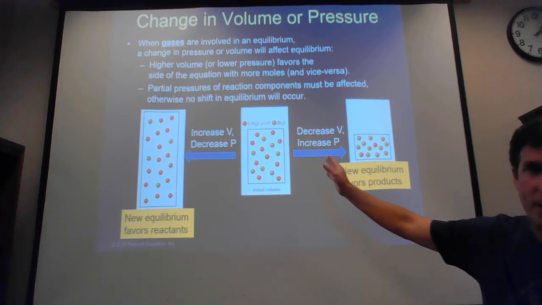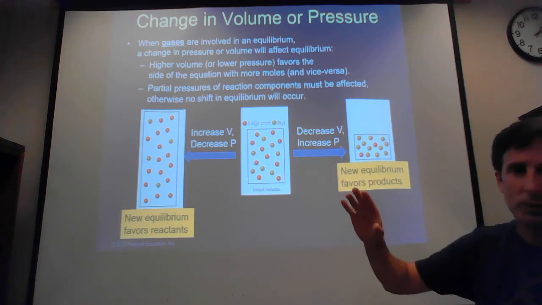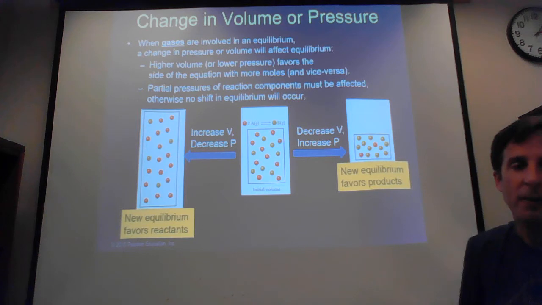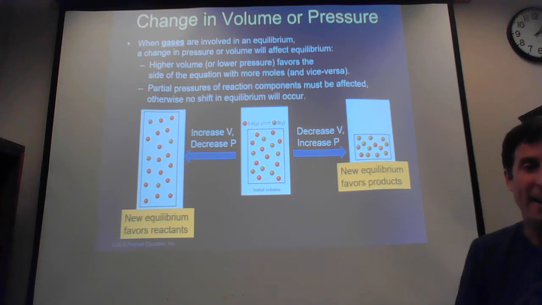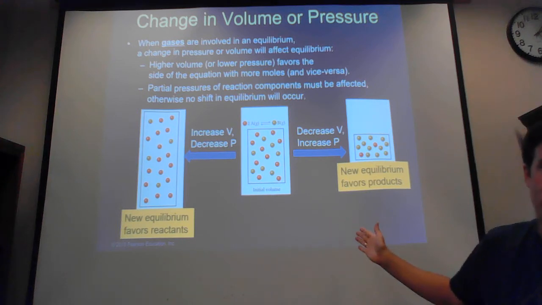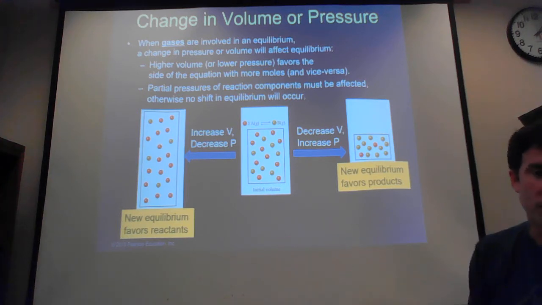It doesn't affect A or B. When gaseous molecules are floating around doing their own thing, they don't really care if there are other molecules in there if they don't react. Okay? So adding an inert gas like neon or argon will not cause a shift in equilibrium. It just increases the total pressure but has no effect on equilibrium.